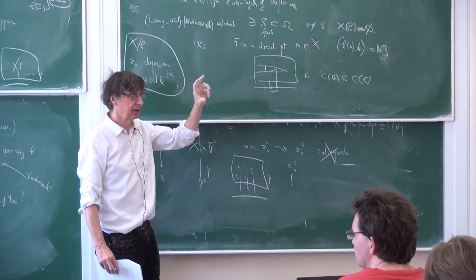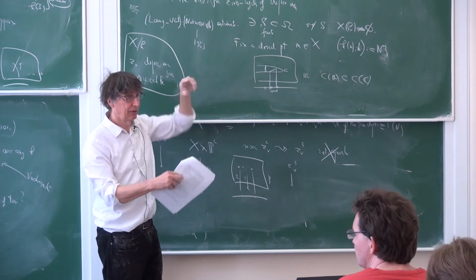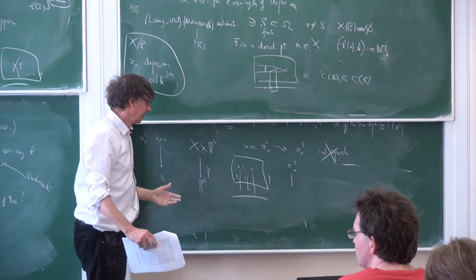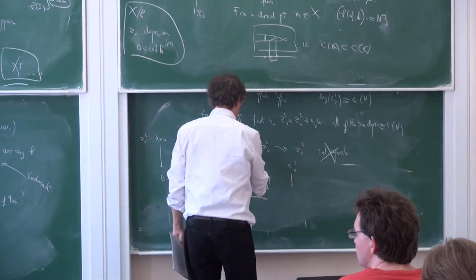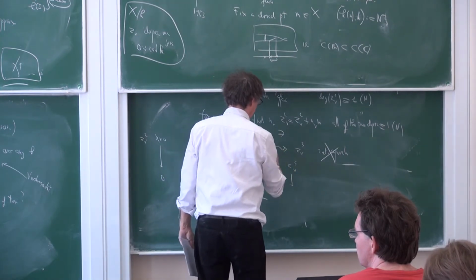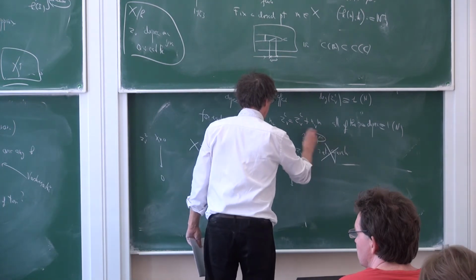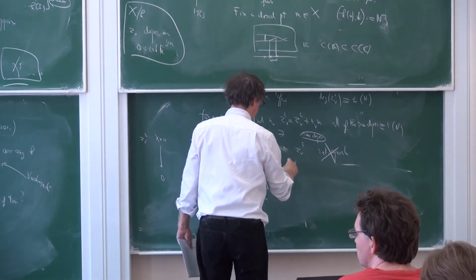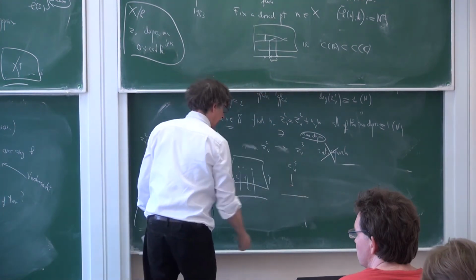So, assertion: there exists Z_V3, same degree, that's important, such that Z_V3 projects one to one to P1.